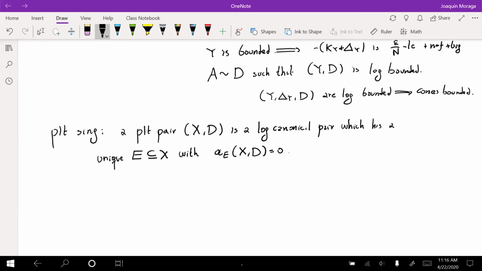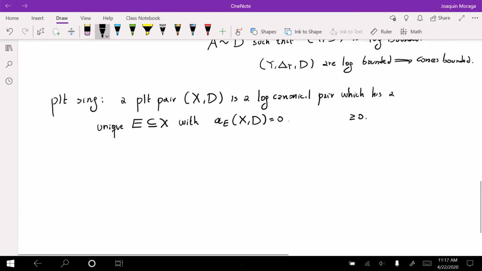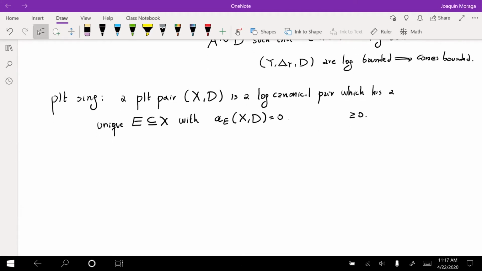Log canonical means that this log discrepancy is greater or equal to 0, and here we have a unique E that hits this value. Some people will complain about this, so I should add the word possibly here.